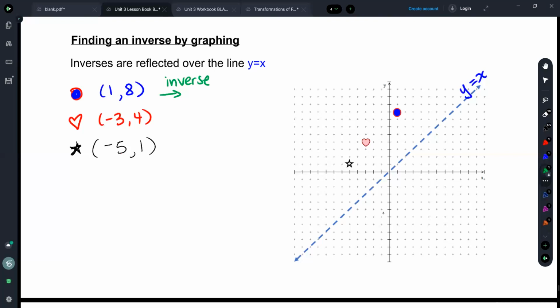So for the inverse function, we're going to have a circle at the swapped version of this, so at 8, 1. So that's going to happen 1, 2, 3, 4, 5, 6, 7, 8 here. I'll do it outside in blue, it's like inverse. Okay, so 8, 1.